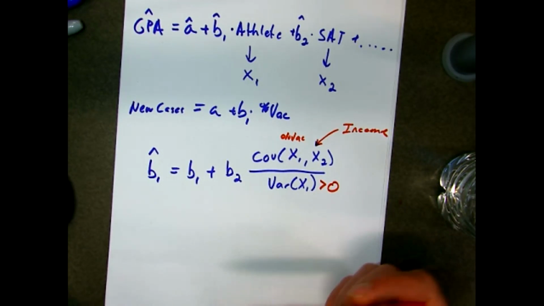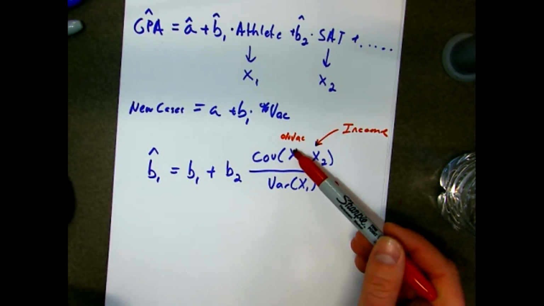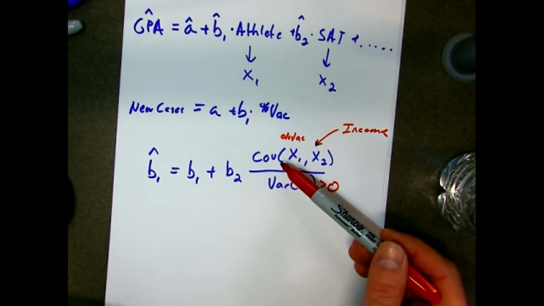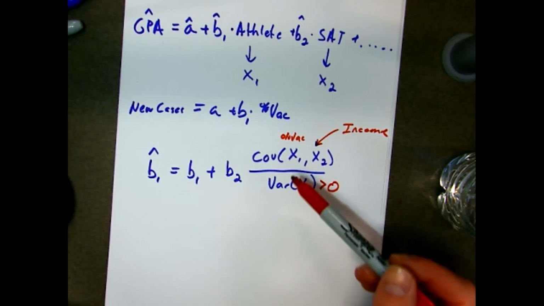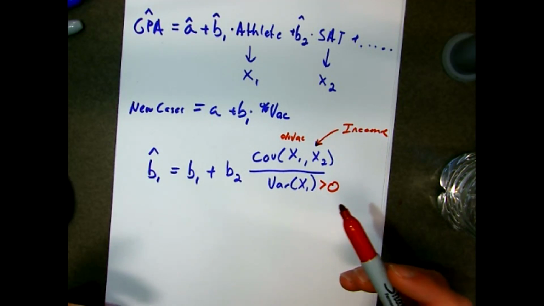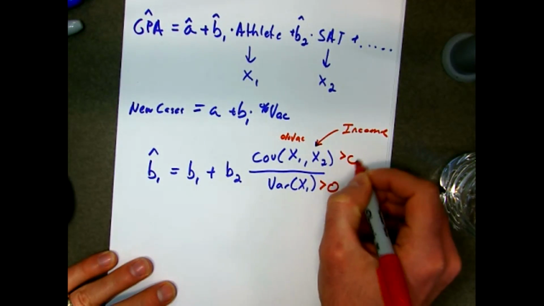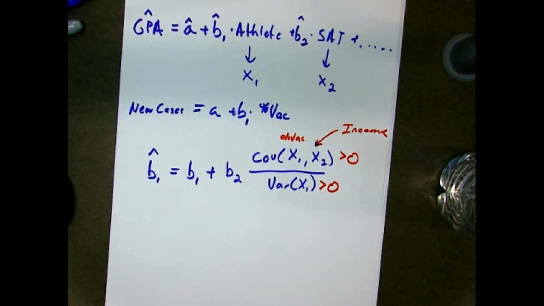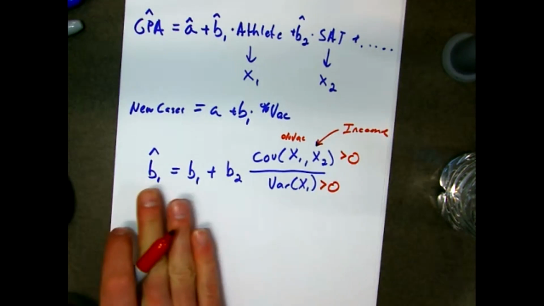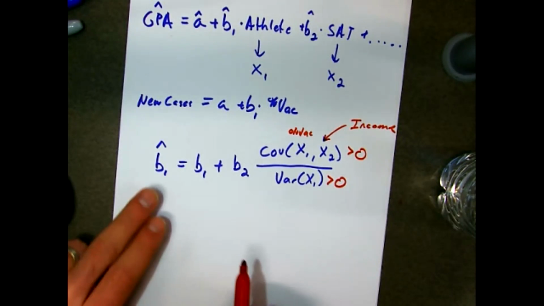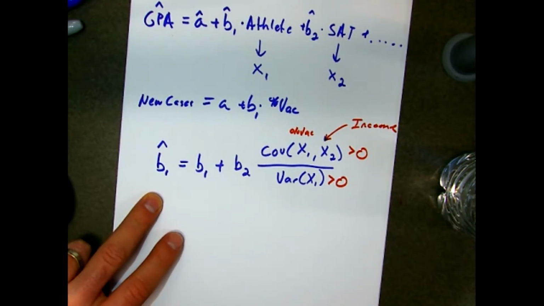As a county has a higher average income, what do you think is probably true about the percent vaccinated in that county? I see someone pointing up, and what we'll actually see, I'll show this to you in the data, this covariance is positive. But even if I didn't have the income data, I could at least start to think about what bias might exist in that naive regression I first ran.